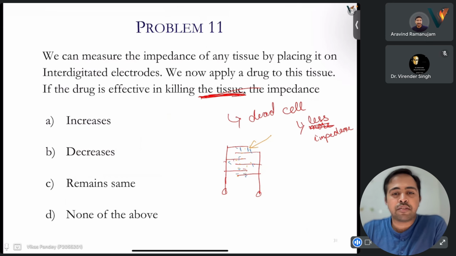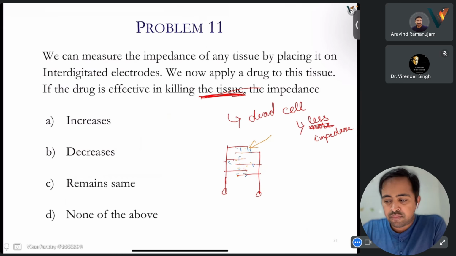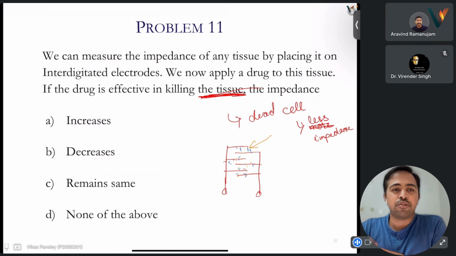Any answers for this? I am audible, right? Yes, sir. Sorry. Anything that comes to your mind?